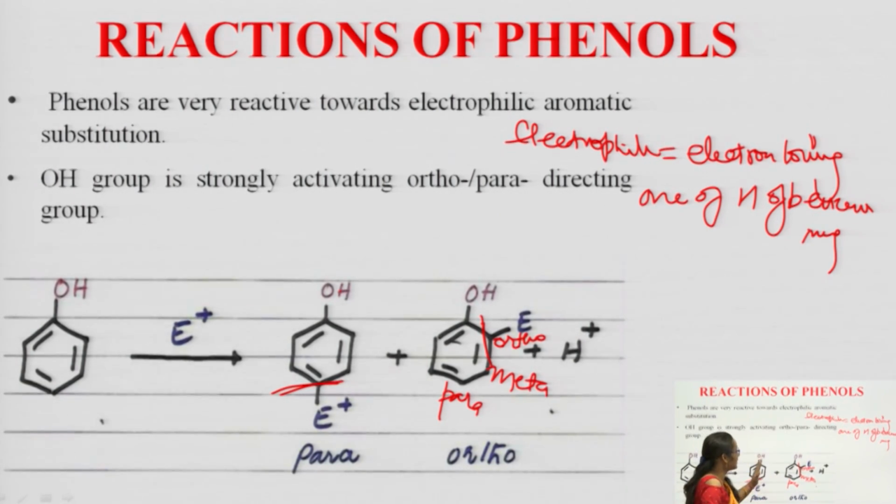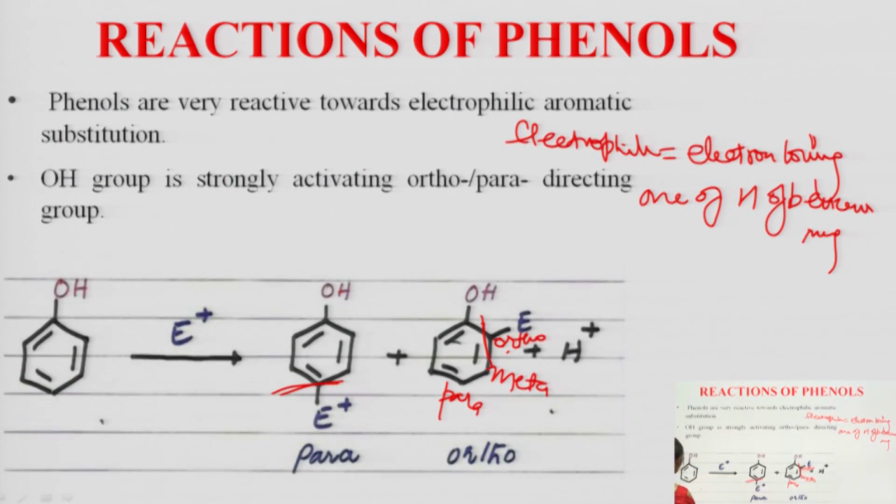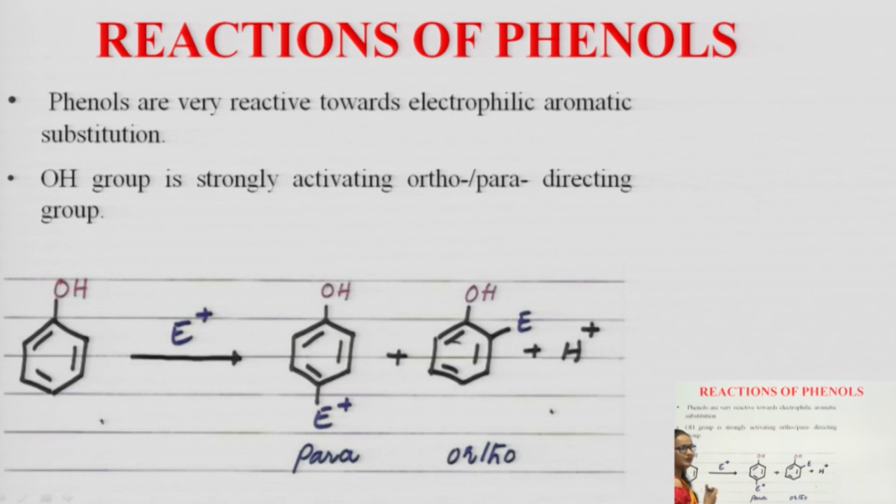That means electrophiles are coming and attaching themselves either to the ortho position or to the para position, but are not getting attached to the meta position. Now the question must be, why are they not attaching themselves to meta?